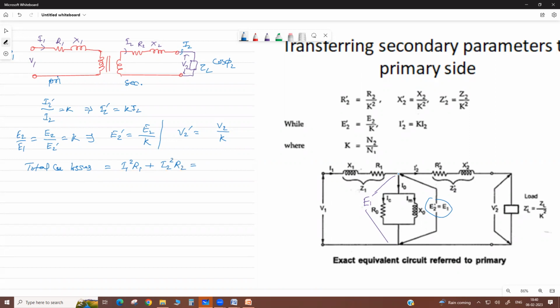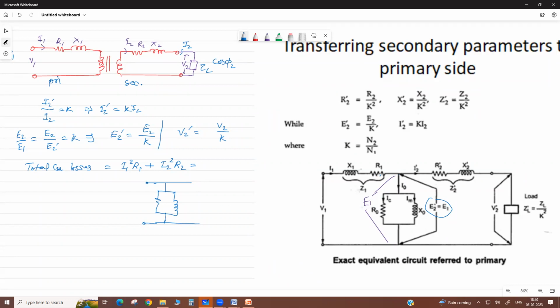When we reduce this and also transfer the magnetizing branch to the supply end, the final equivalent circuit is the approximate equivalent circuit. If we transfer this magnetizing branch to the supply end, then the only difference is this voltage. There is no major difference between E1 and V1 due to this drop, so there is no major change in the performance of the transformer.